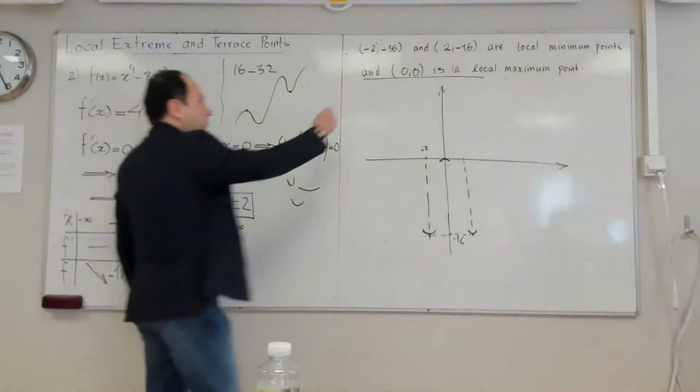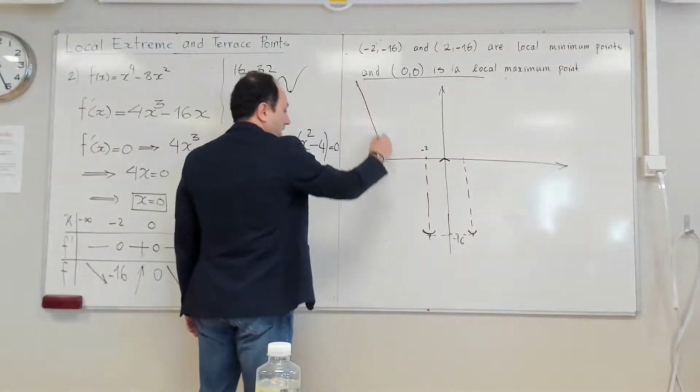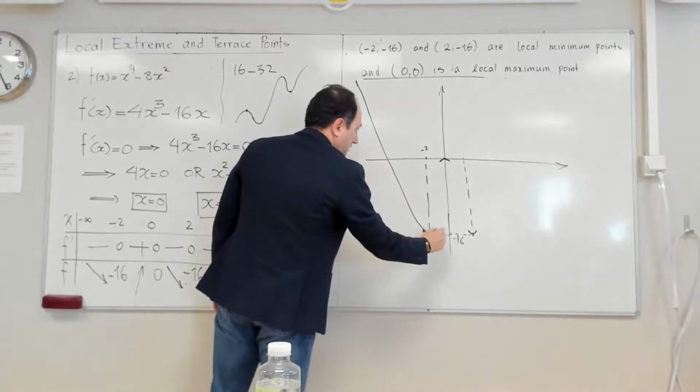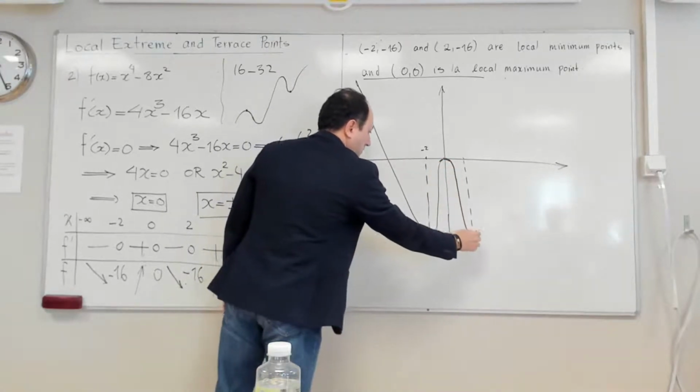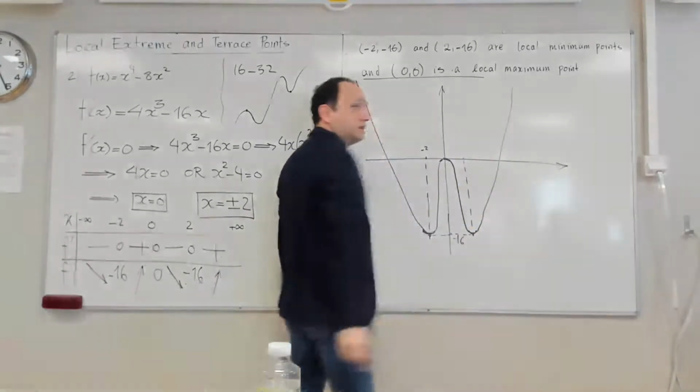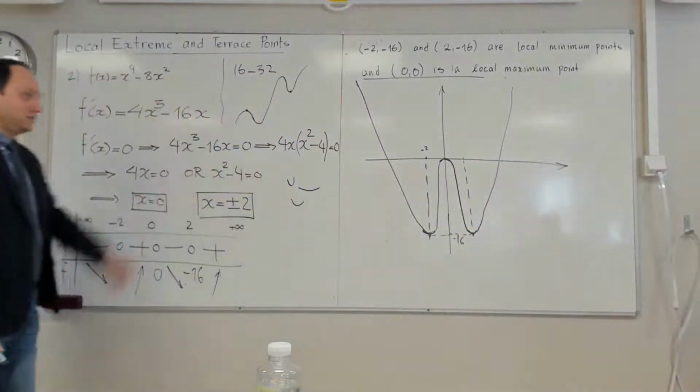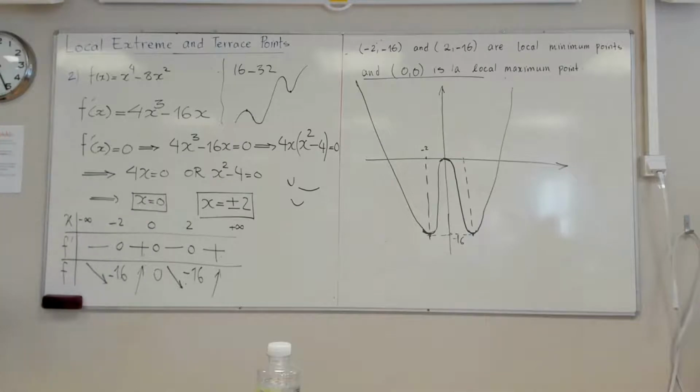So it starts from here, goes down, then up to here, then it goes down, and then it goes up, something like this. I'm not saying that this is 100% correct, but this captures the most important essence of the graph of the function. So this is a way that we do it.